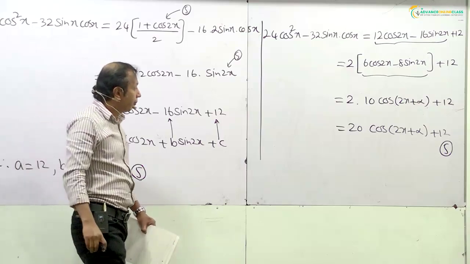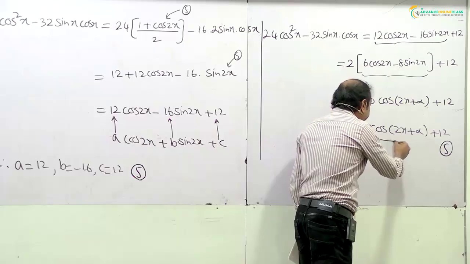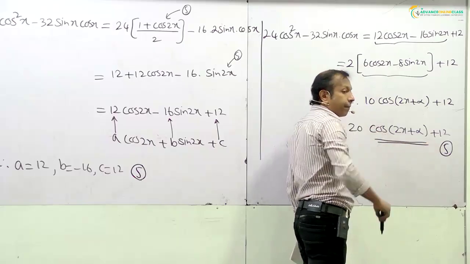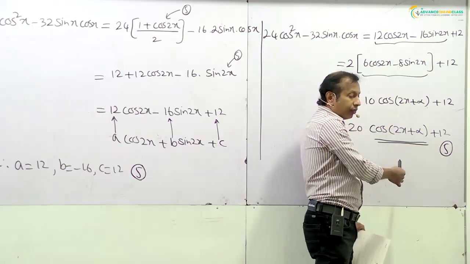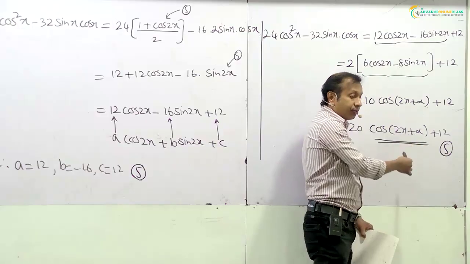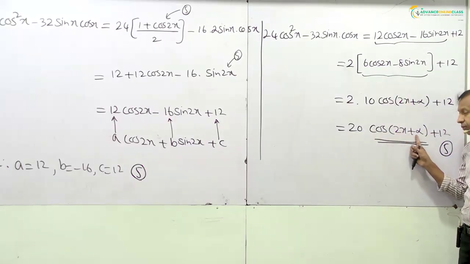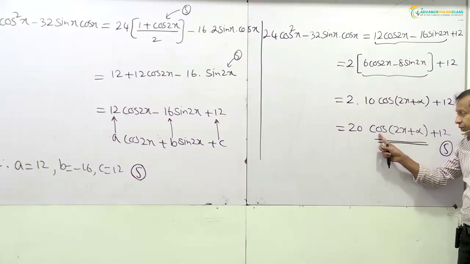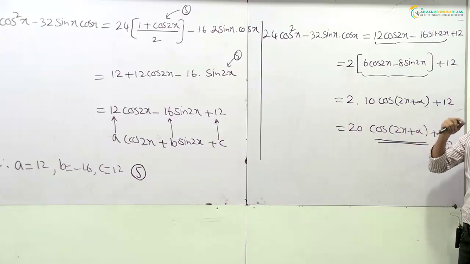Okay, you know, here x is a variable. When x changes, the angle changes. Look at this, this angle is a variable angle. What is the minimum value cos can take? Minus 1, no? What is the maximum value cos can take? Plus 1.